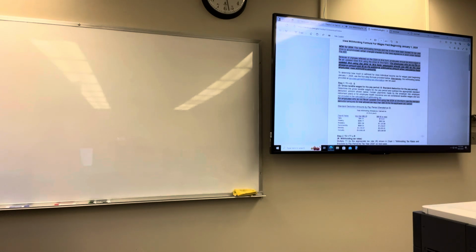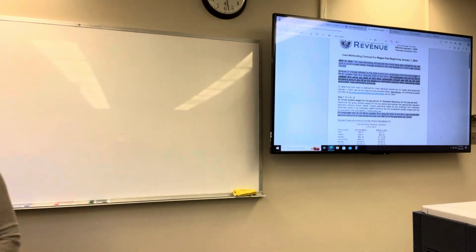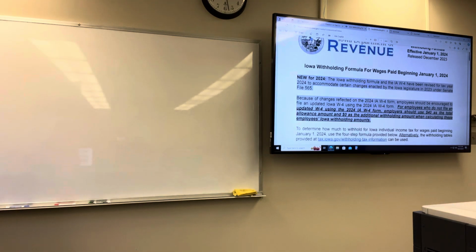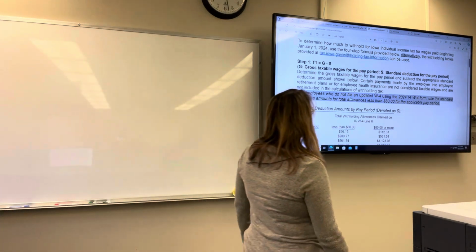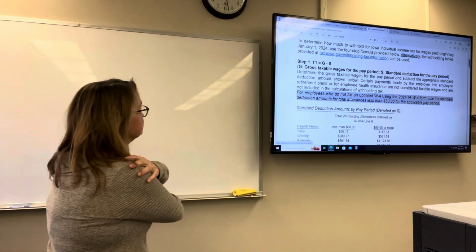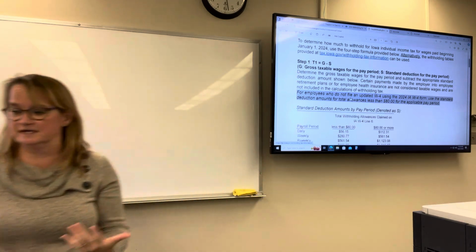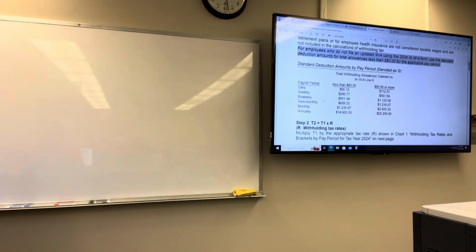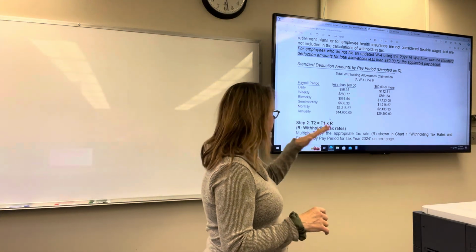Iowa is a little weird because they've got these formulas here that you have to follow. So step one is T1 equals G minus S, and then they define what G is and what S is: gross taxable wages for the pay period, and the standard deduction for the pay period. You've got to look at what the standard deduction is for each pay period, similar to the table we just examined for the earlier W-4 at the federal level.